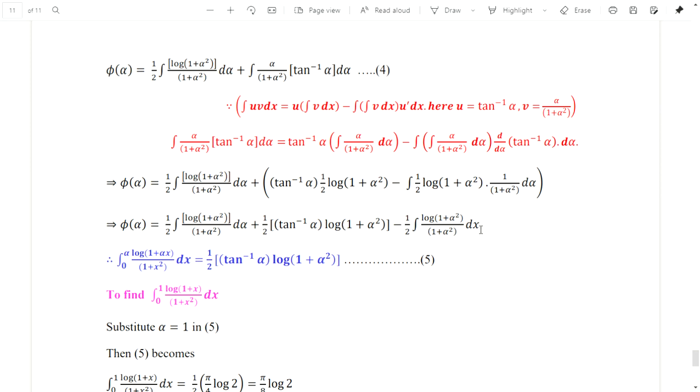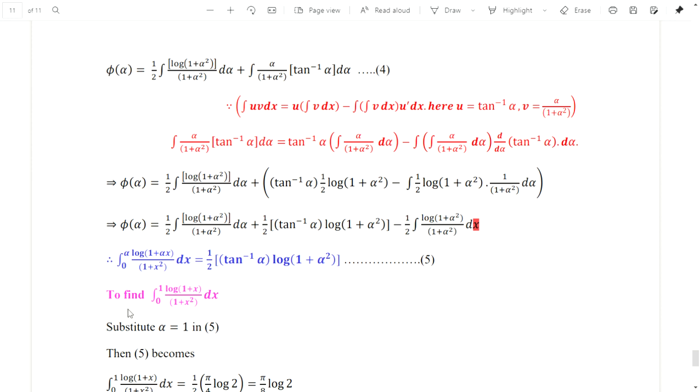Sorry, this is alpha. So this term and this term will get cancelled. We will therefore be getting integral of 0 to alpha log of 1 plus alpha x by 1 plus x squared into dx is equal to 1 by 2 into tan inverse alpha into log of 1 plus alpha squared.